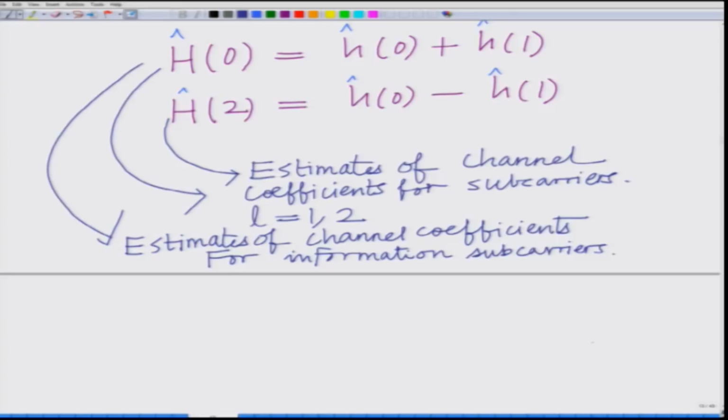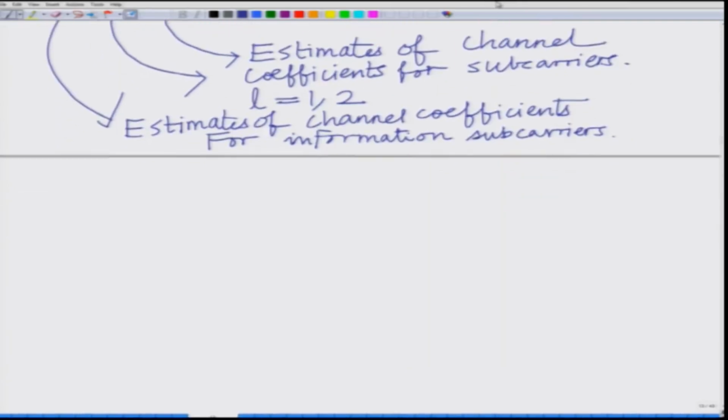That is what we have over here. So, if you look at this, we have something very interesting.